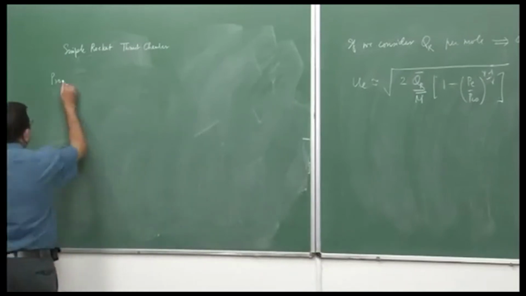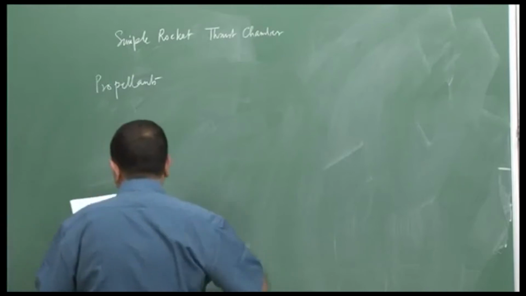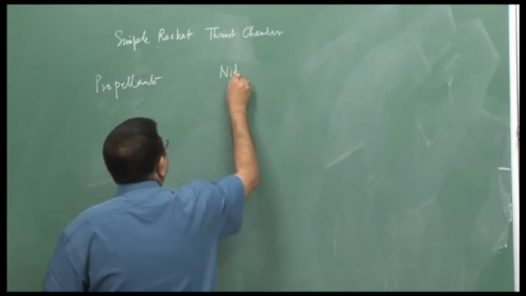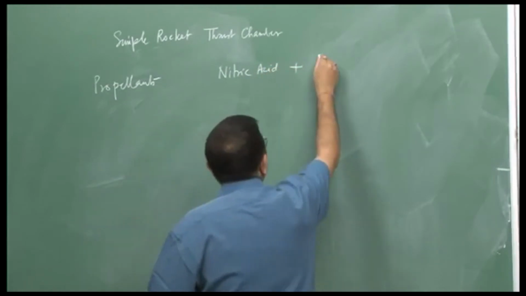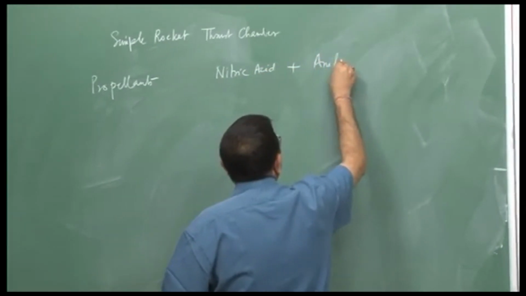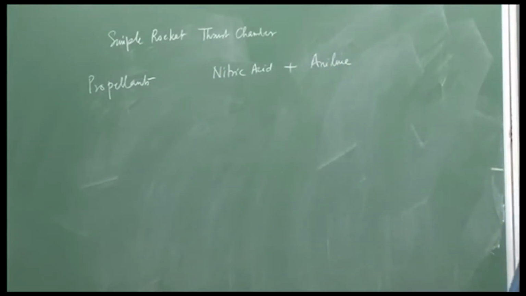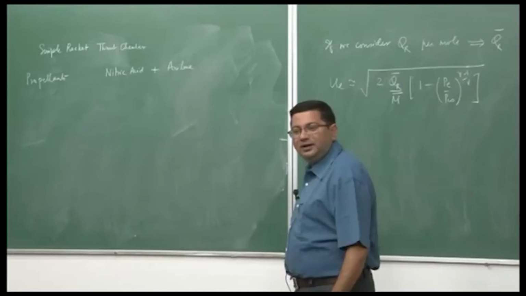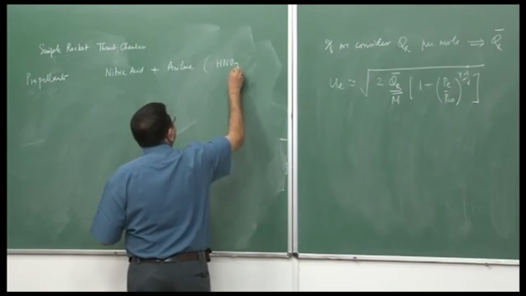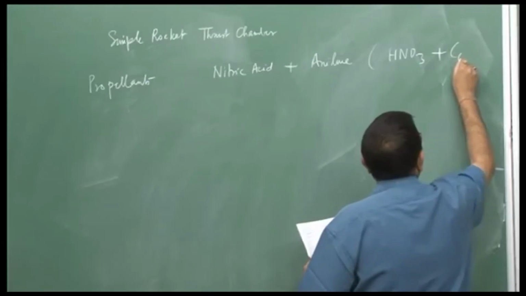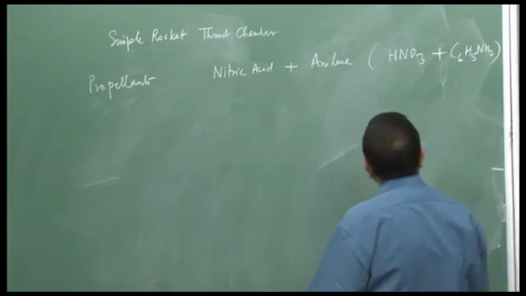So, first let me say that the propellants given are nitric acid plus aniline, both very commonly used liquid propellants in rockets. So, nitric acid and aniline are the propellants. So, the chemical composition is, okay.